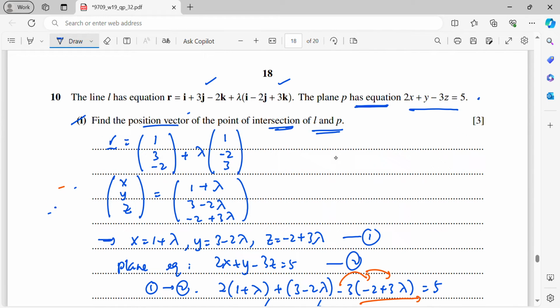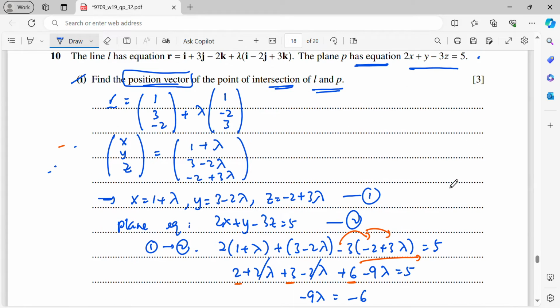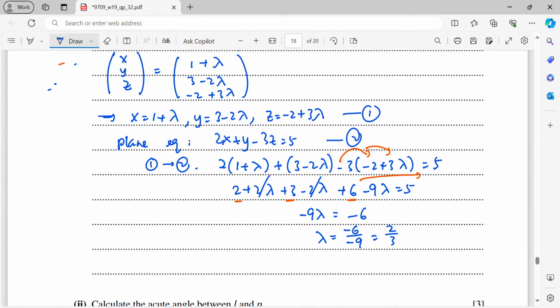Now, you need to find position vector of the intersection point. Since you have found the lambda, now substitute lambda into your r. So I will get my r equals 1, 3, negative 2 plus lambda. So plus 2 over 3, minus 2 lambda, so minus 2 of 2 over 3, and then the other one is plus 3 lambda, so plus 3 of 2 over 3.